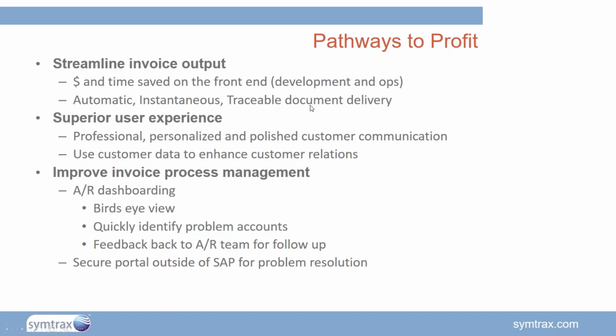Moving on to what happens after the document goes, you have automatic, through supervisor, instantaneous, and traceable document delivery. Again, this needn't only be invoices, but that's the example we're using today. You want to provide a superior experience. You want the publication to be well-designed, well-organized, with barcodes where they have to be, personalization using big data if you have access to that, and polished. And a lot of consumer companies have this right.